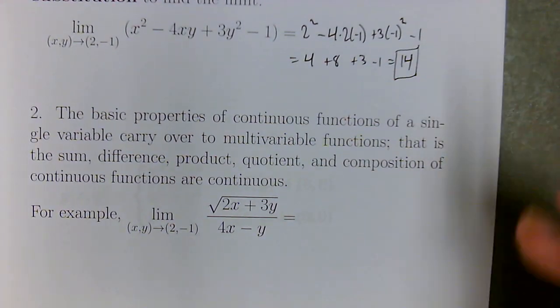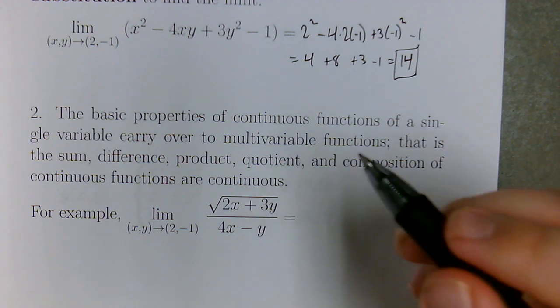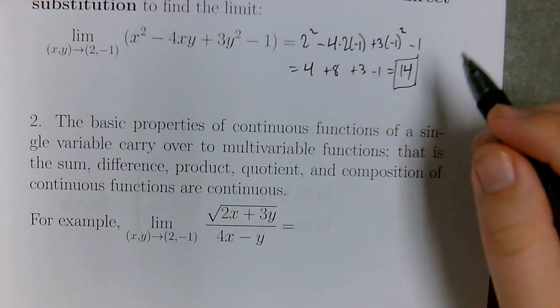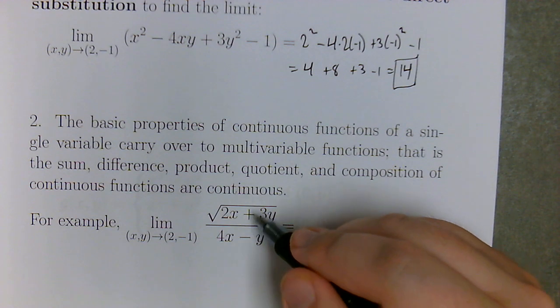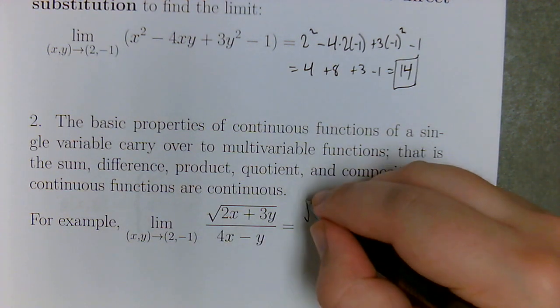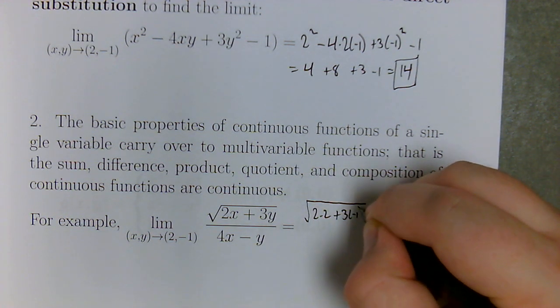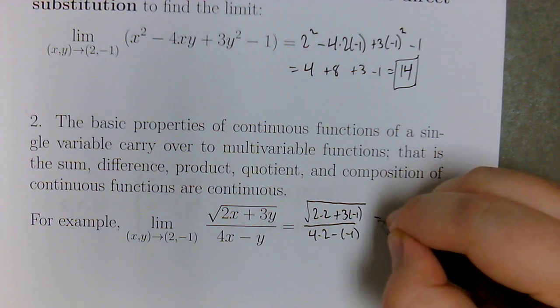All right, and then we could also deal with combinations of functions like this, where we insert a polynomial into some kind of square root. The square root function is continuous and this polynomial is continuous, so we could plug these directly in here as well. So this is going to equal 2 times 2 plus 3 times negative 1 over 4 times 2 minus negative 1.